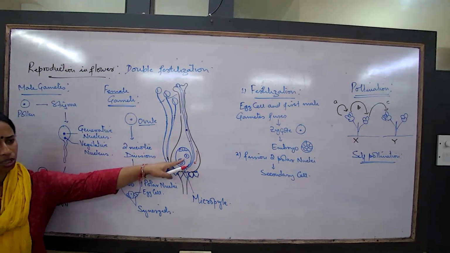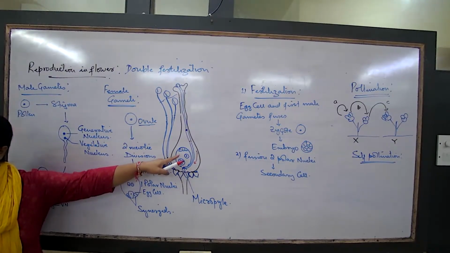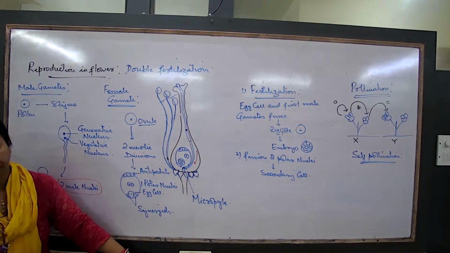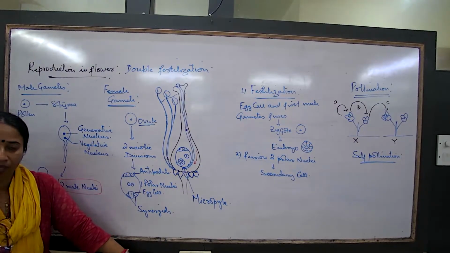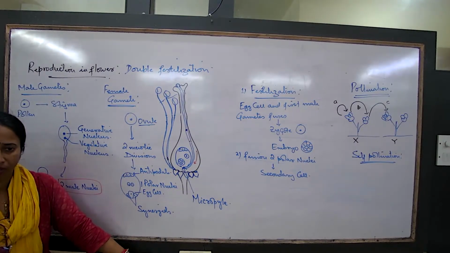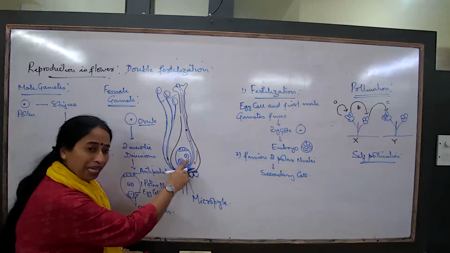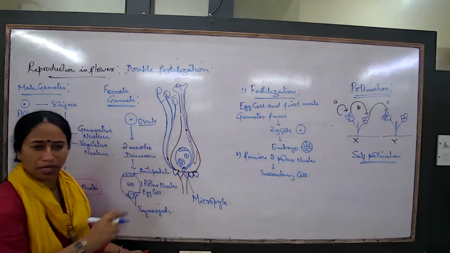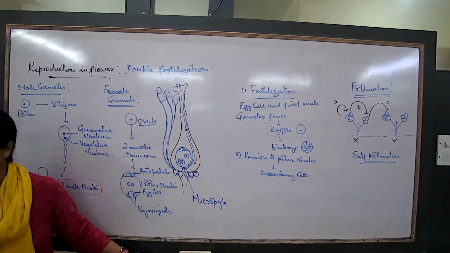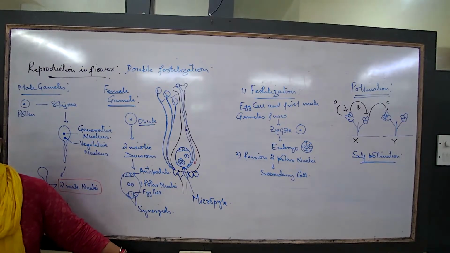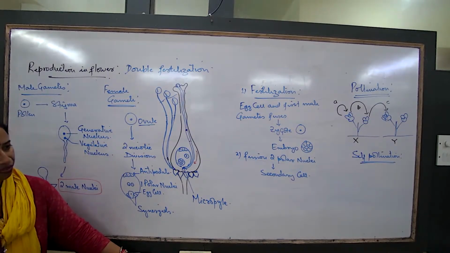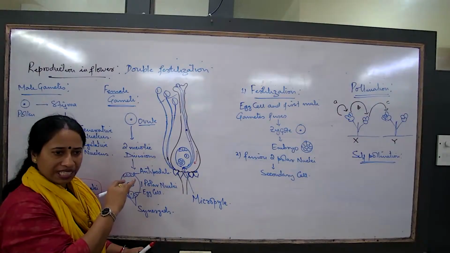Can we call the fusion of two polar nuclei fertilization? Why not? Because both of these are female gametes. Fertilization means there must be one male and one female. One male gamete and one female gamete, if they fuse together, then only it is fertilization.